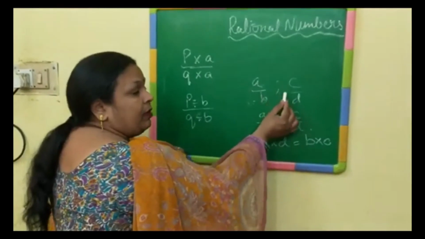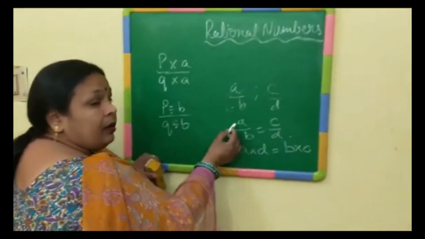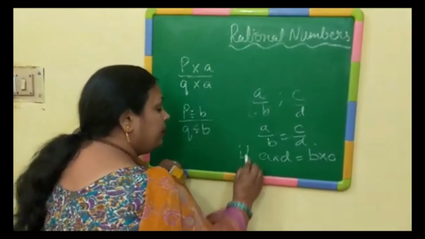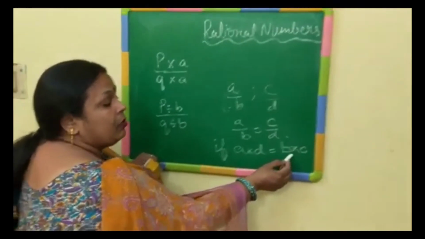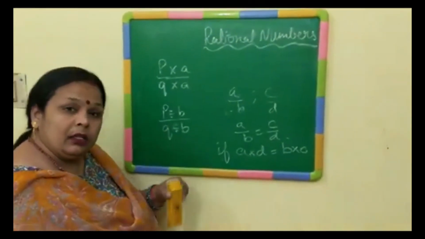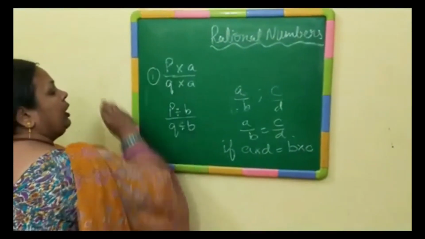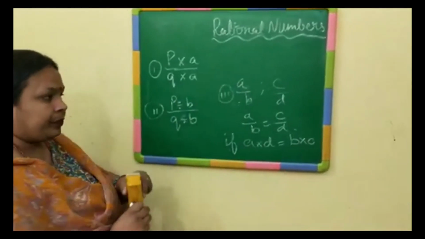To tell whether both rational numbers are the same or not, a by b is equal to c by d if the product of a and d is equal to the product of b and c. Clear? So these are the three properties to get equivalent rational numbers.